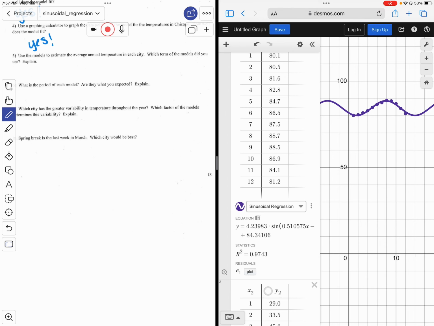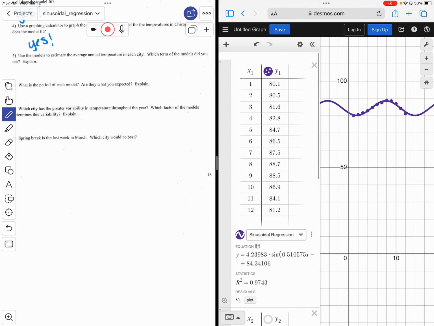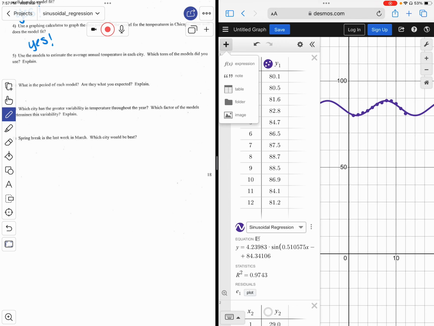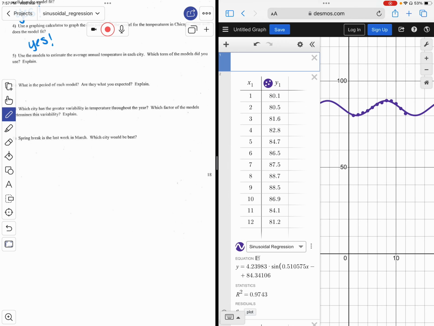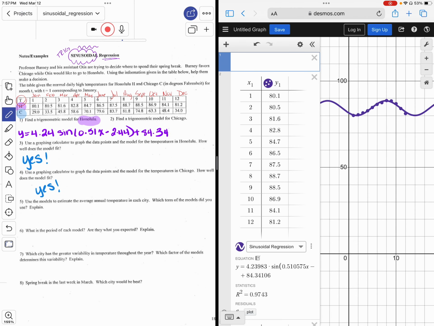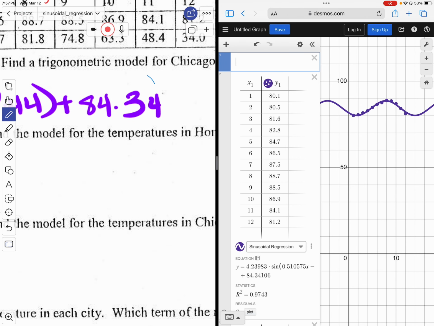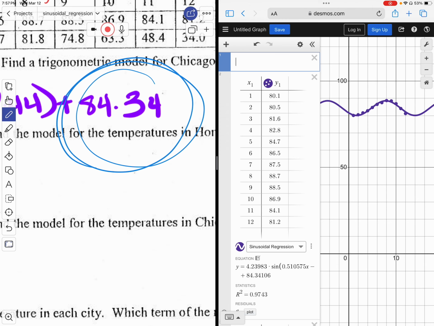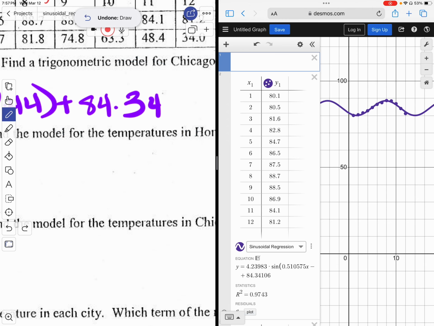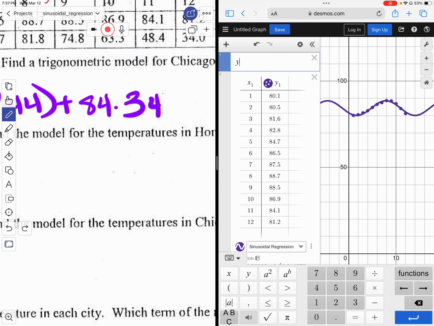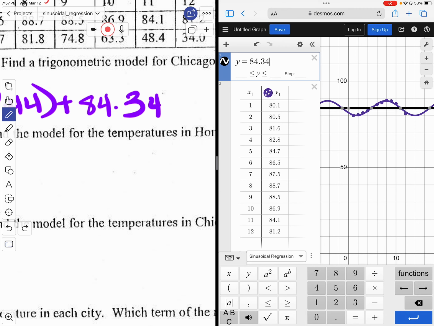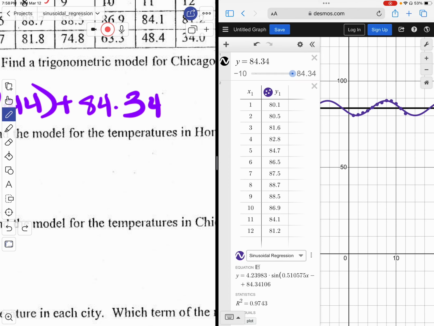If I look at my equation, my midline should be about 84.4. So I'm going to use my equation that we did for Honolulu. That's going to tell me where my graph should have its midline, 84.4. So visually, we can see here's the middle of my graph.